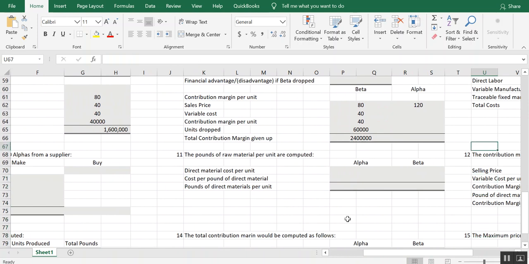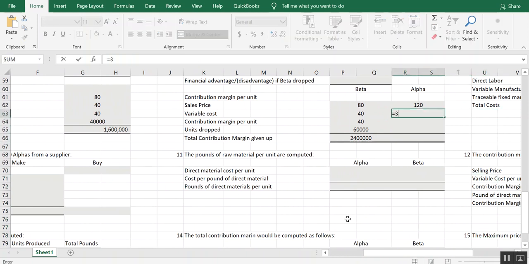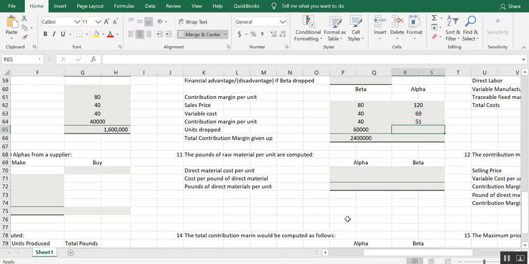So we have direct materials of $30. We have direct labor of 20. We have variable overhead of 7. We have variable selling of 12. So we wind up with $69 as a variable cost for the alpha. So we then take the 120 minus the 69. We get a $51 contribution margin.